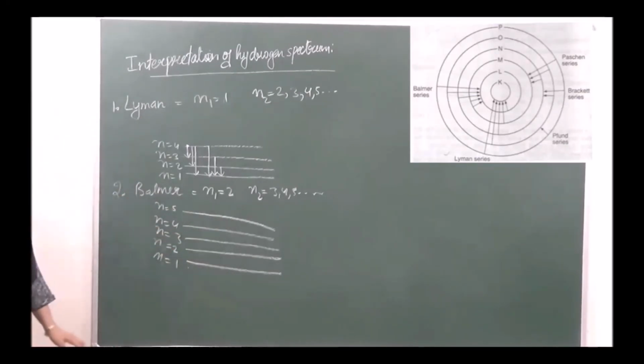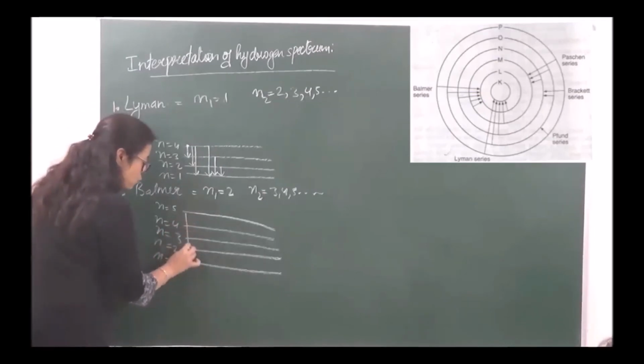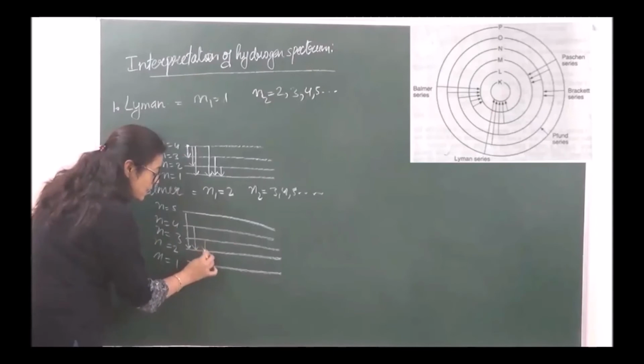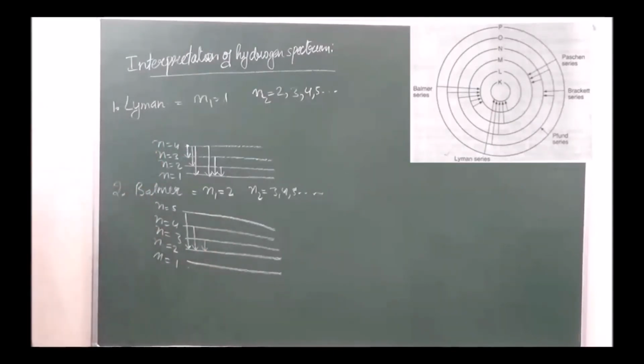Now in case of the Balmer series, the transition has to end at the second level, because N1 is equal to 2 over here. So the transition can take place from 5th to 2nd, from 4th to 2nd, and from 3rd to 2nd. Again we see various numbers of lines.